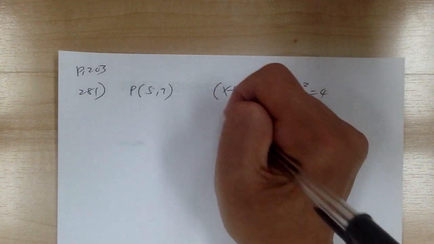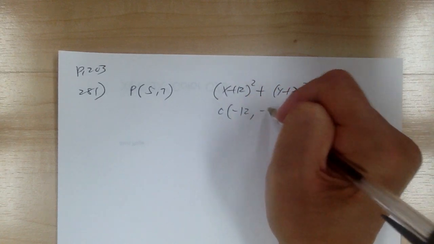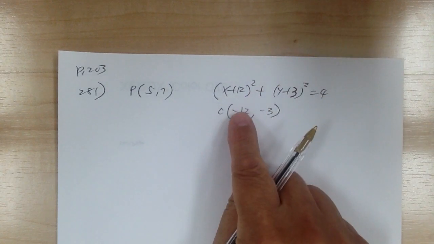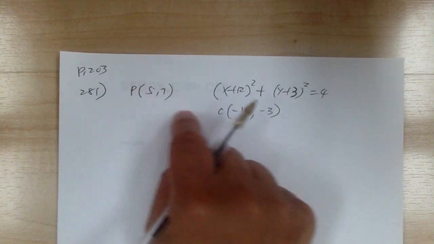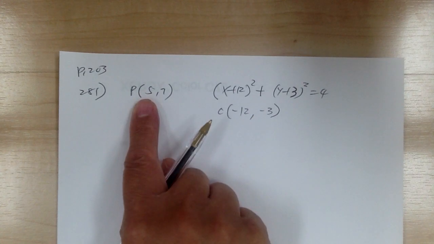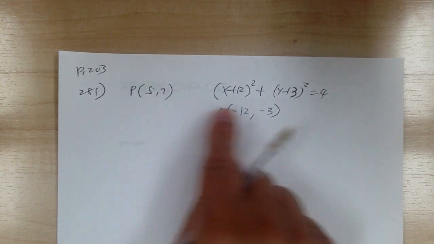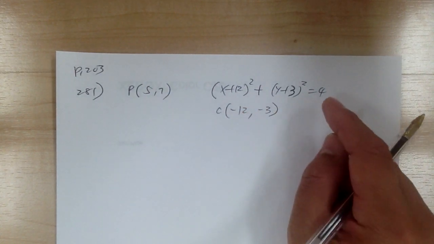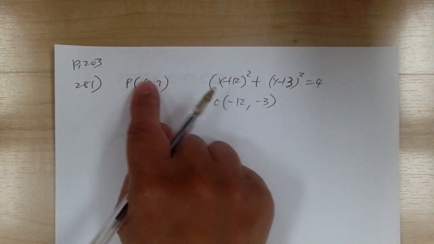So in this case the center would be negative 12, negative 3. So this would be the center. And now you have 2 points. You can find the equation of the line going through them. Again, the line goes through this point and cuts the circle in half, so it has to go through the center. So now you got 2 points. First, let's get the slope for these 2 points.